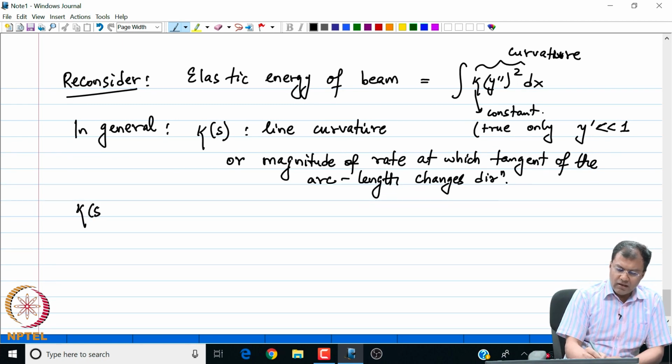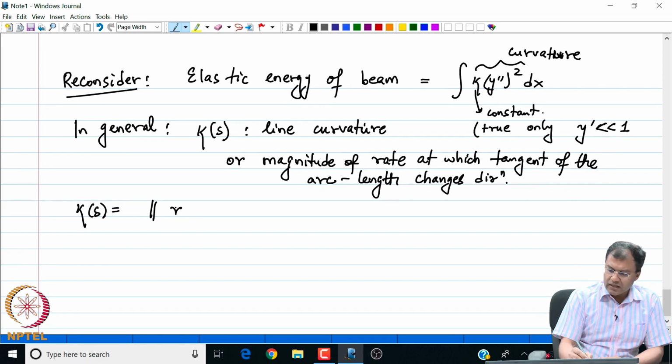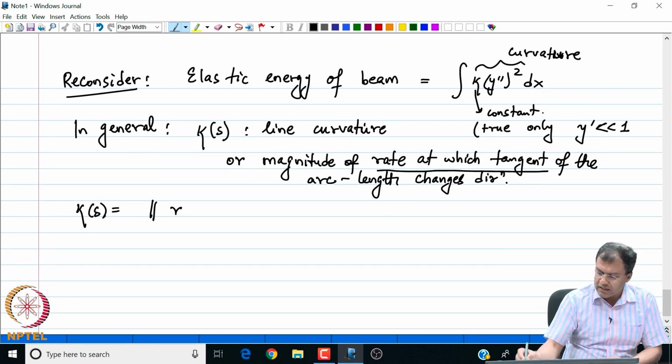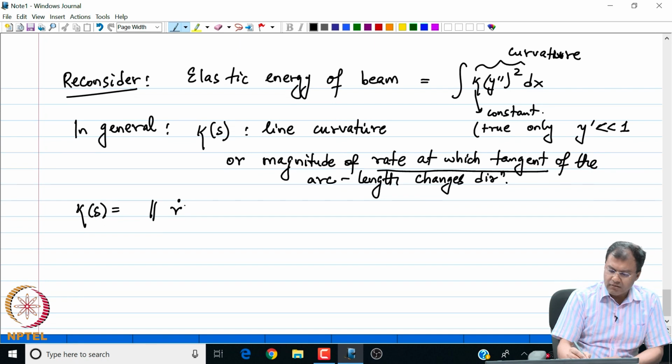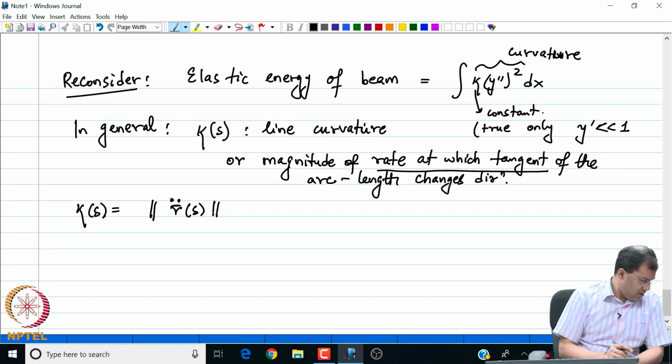So kappa of S is the magnitude of the rate of change of the tangent, the rate at which the tangent changes. So the tangent of the curve is given by r dot of S, and the rate at which tangent changes is r double dot of S and its magnitude, right.